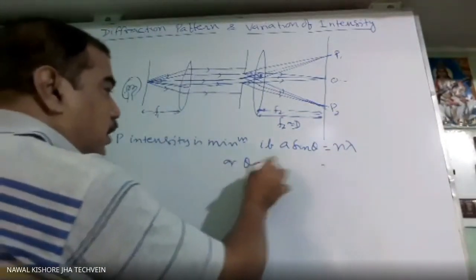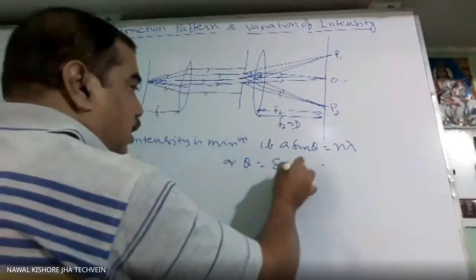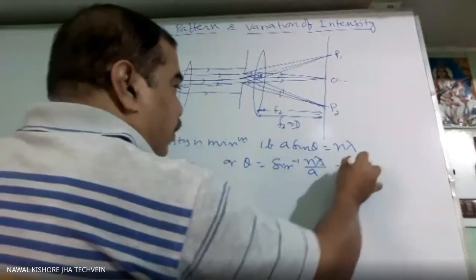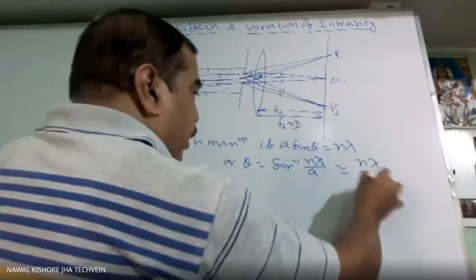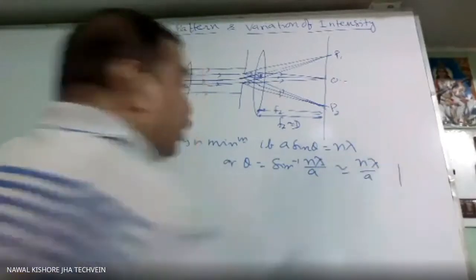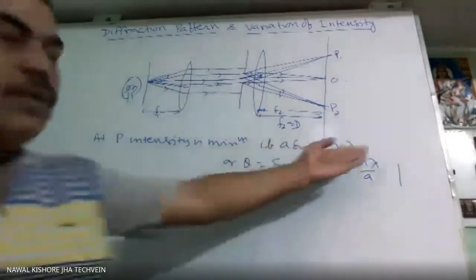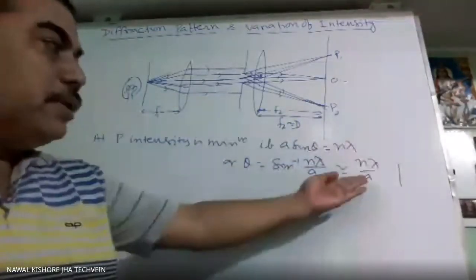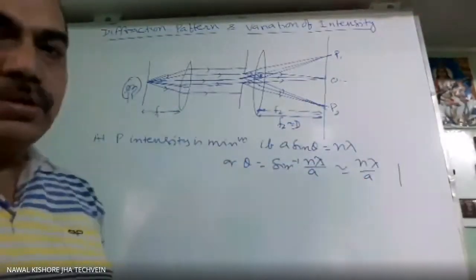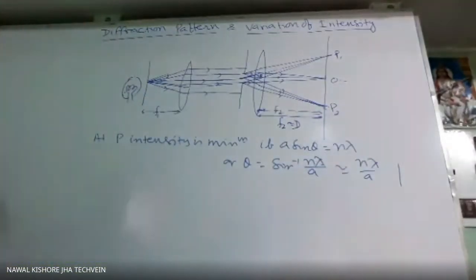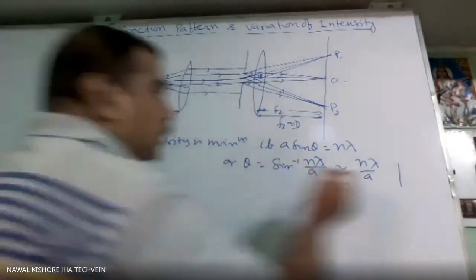Or this theta is sin inverse of n lambda over a, which is approximately n lambda over a if this is very small. Generally, this lambda is of the order of 10 to the minus 7. If this is coming of the order of minus 4, then also it will come nearly 10 to the minus 3. So in that case, theta will be very small.